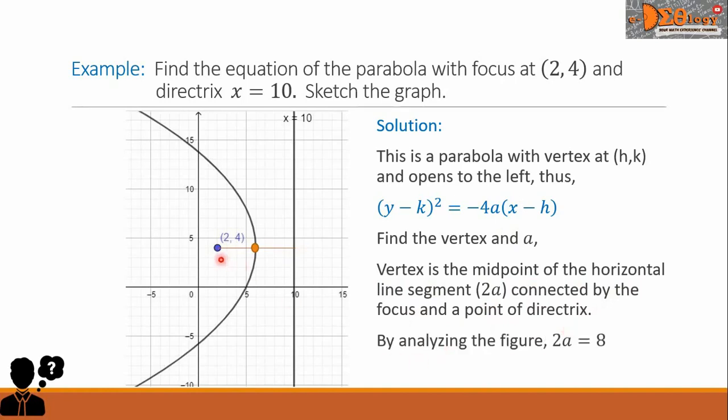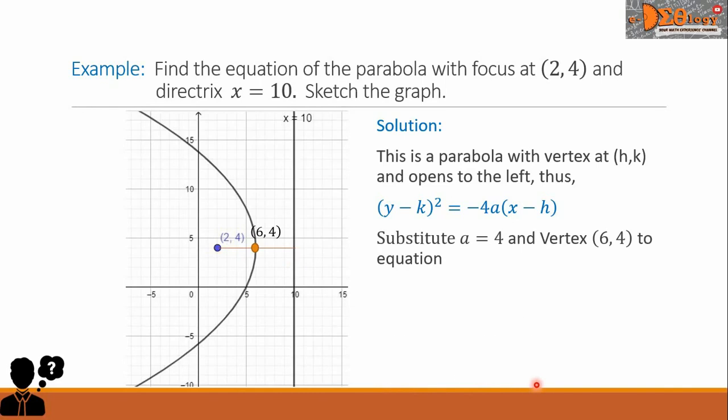By analyzing this figure, we can see that from this point, which is the focus, up to the directrix, the length 2a equals 8. We can find a by dividing this equation by the coefficient of a, which is 2. So the value of a is 4. And from here, we can now find the vertex, and that is the point (6, 4).